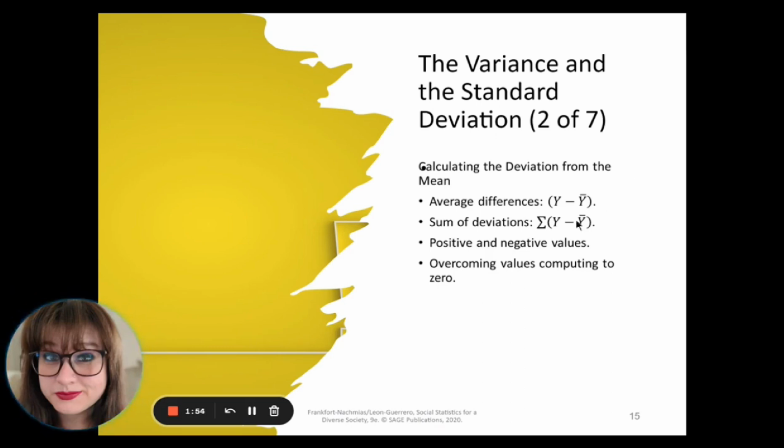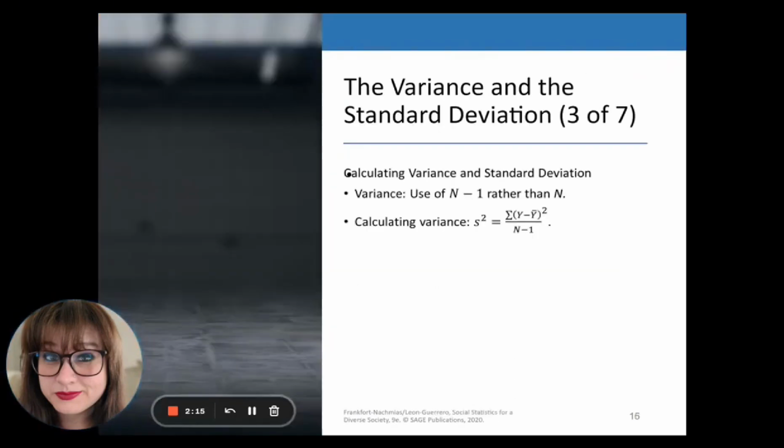But those absolute values can be difficult to work with mathematically. So when we square them, it makes it a little easier to work through. That's important to think about as we're moving forward.